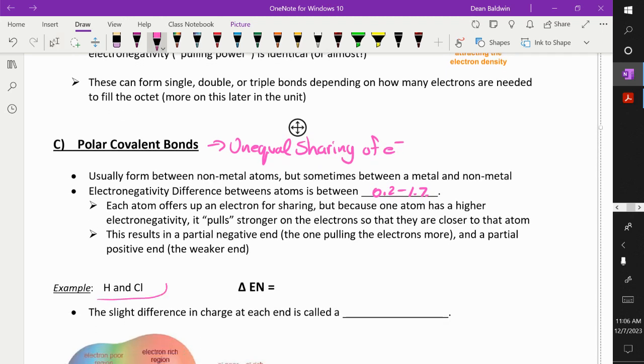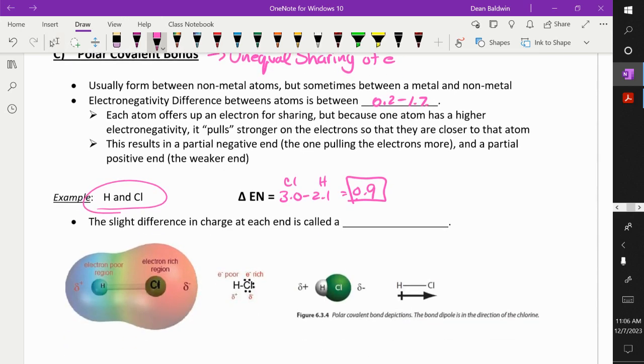So for example, if we have HCl, the electronegativity difference is going to be 3.0 minus 2.1. There's the chlorine, there's the hydrogen, which gives us 0.9. Which is not 0 for equal sharing. It's not 1.7, so you don't get one electron ripped off, but you get a slight separation, okay?